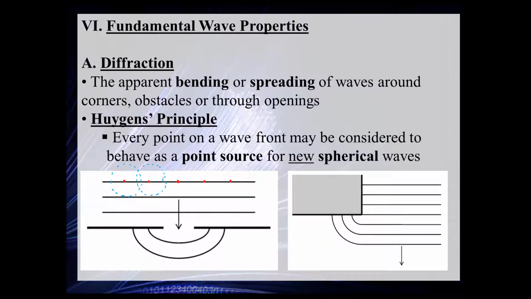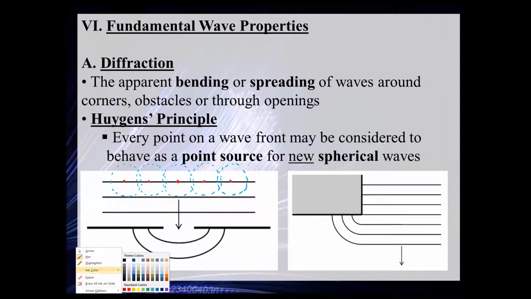This point source, you'd get another circular wave or spherical wave, if you think of it in 3 dimensions. Okay, let's go through this as quickly as we can. We'll do one more. So every point source is the source of a new spherical or circular wave. Now, we can use this diagram to predict what the next wavefront is going to look like.